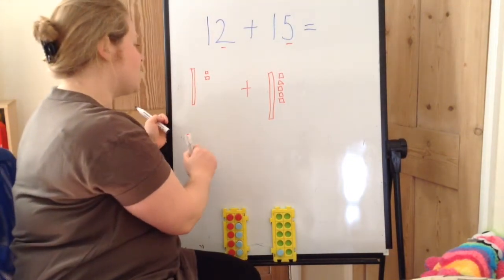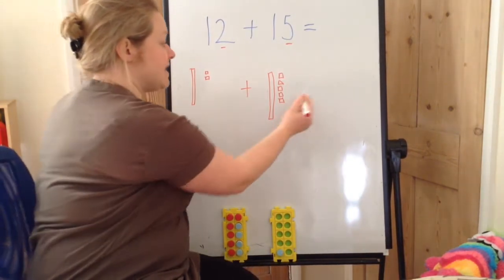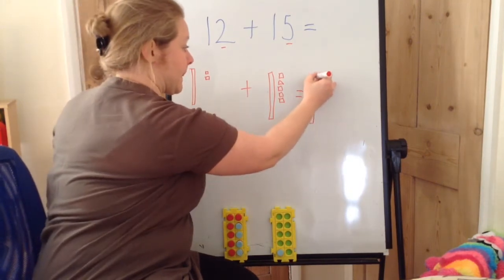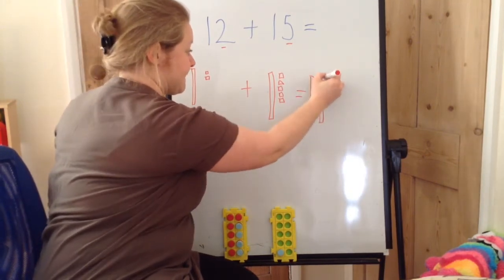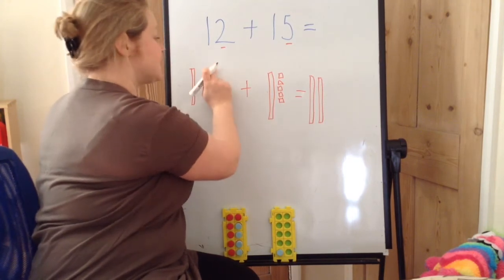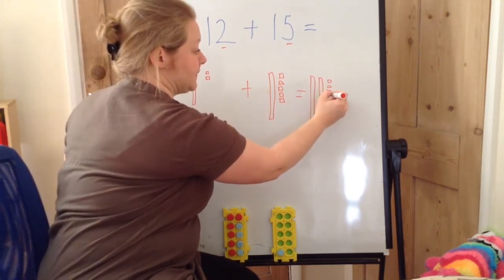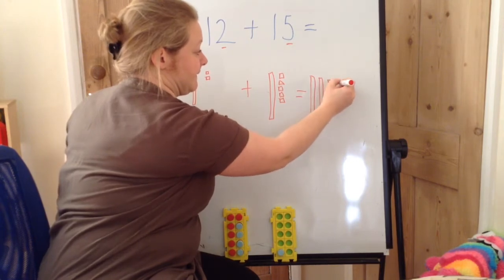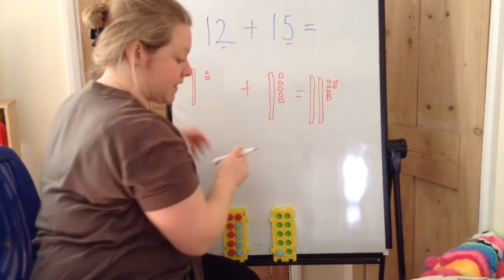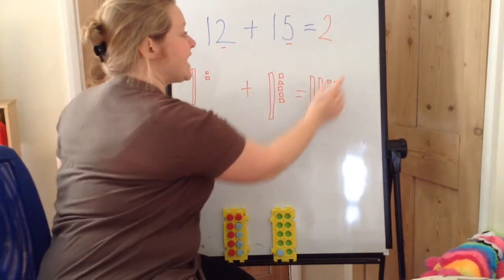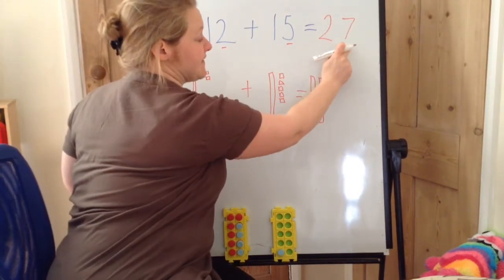They can see quite quickly then that this is going to be equal to 2 10s, and 5, 6, 7 extra 1s. So our answer is 2 10s, 7, 27.